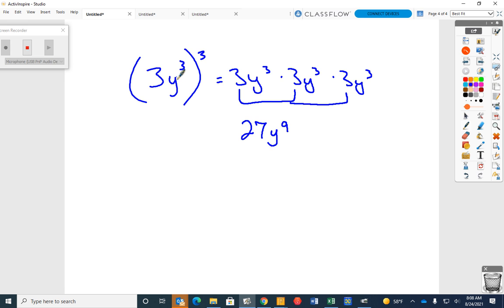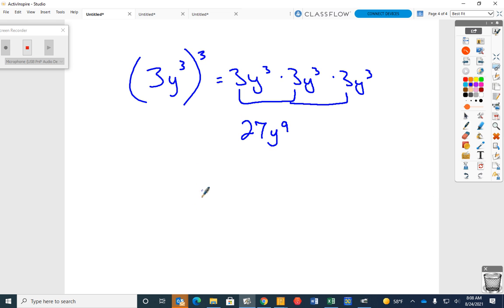The y. Okay, does that make sense? So I take my coefficients and multiply them, and now let's do this an easier way. I can say 3 to the 3rd power. What's 3 to the 3rd power? 3 times 3 is 9 times 3 is what? 27. Multiply these exponents. What is that? Y to the 9th. Does that make sense? Okay, let's try another one.